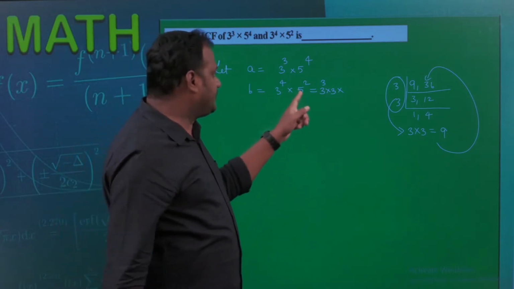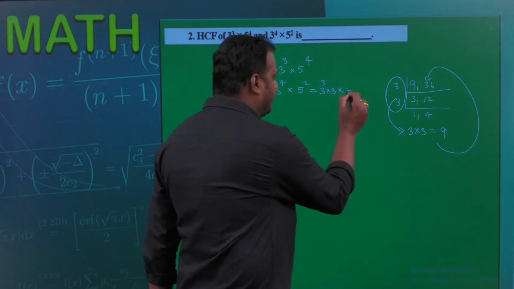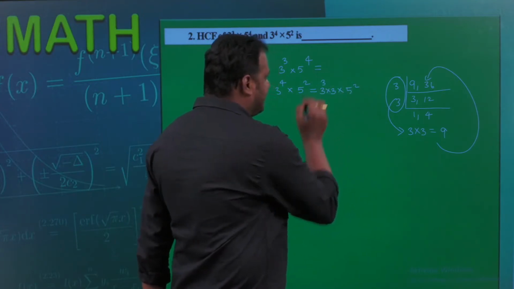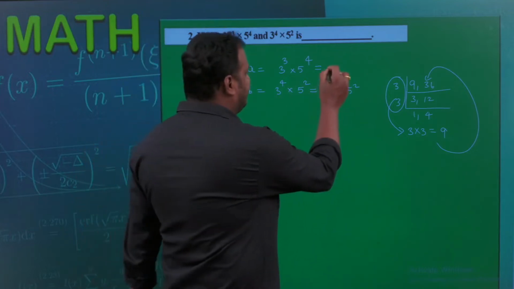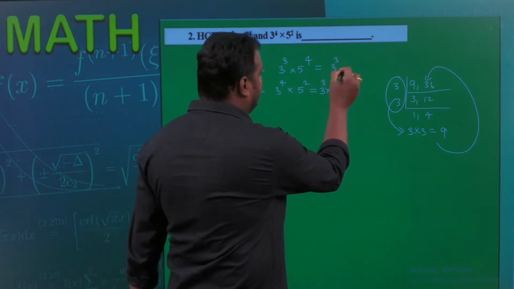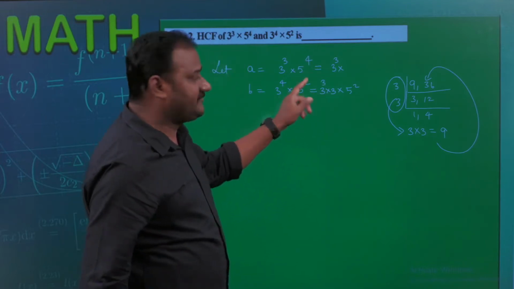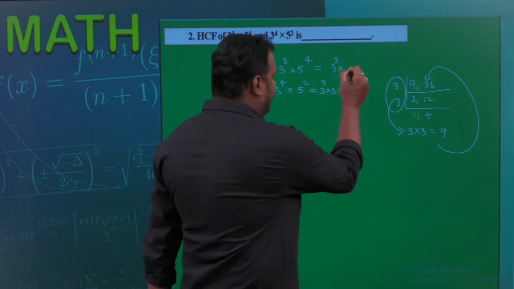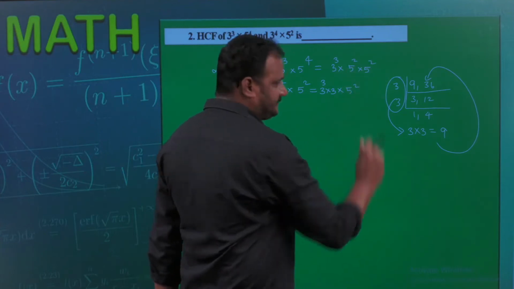So here 5 power 2 is smaller than 5 power 4. So write 5 power 2 like that. I am not going to split 3 power 3. And 5 power 4 is bigger than 5 power 2. That is why I am going to write 5 power 4 as 5 power 2 into 5 power 2.